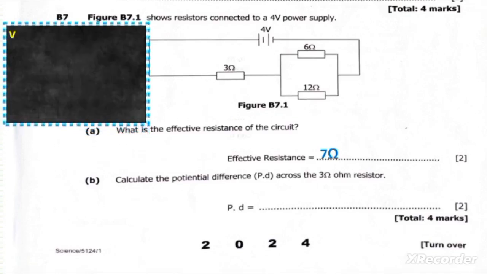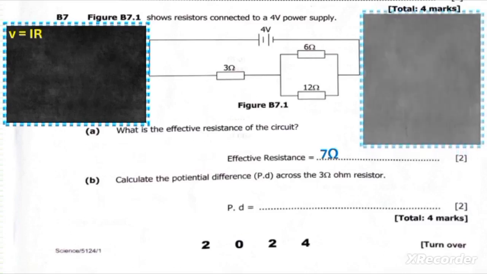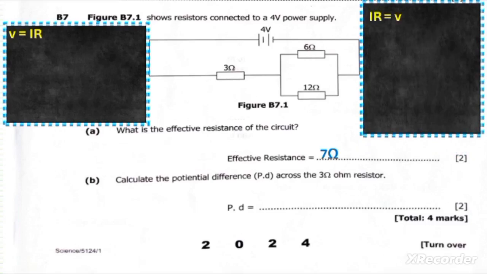To find the potential difference, which represents voltage, we are going to say voltage is equal to current times resistance. Do we have current? Current is what we are looking for.